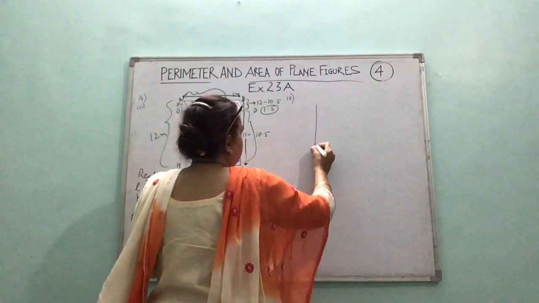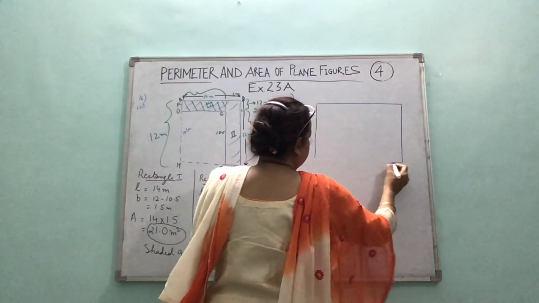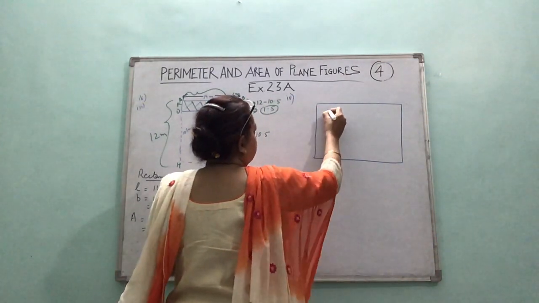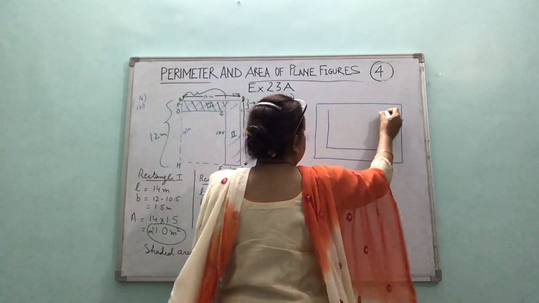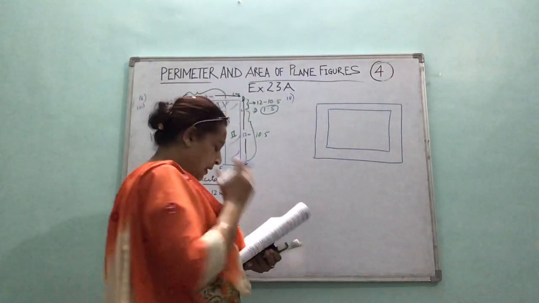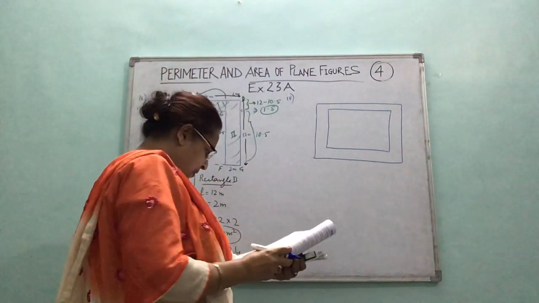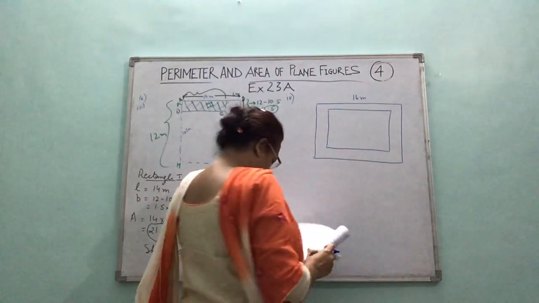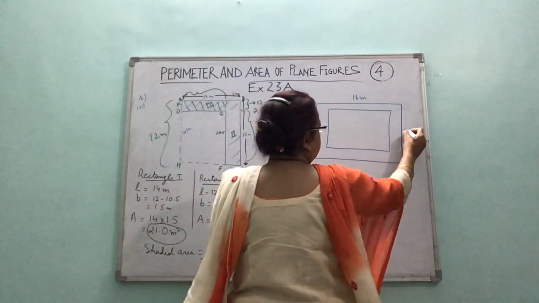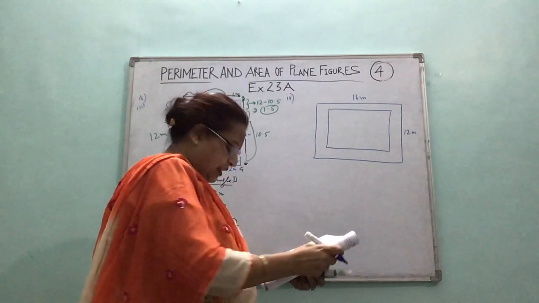It's a rectangle. There are 2 rectangles, one inside the other. And what are the dimensions given? Let's write the dimensions. 16 meter, 12 meter, and for the inner one, the width is given as 1.5 meter.